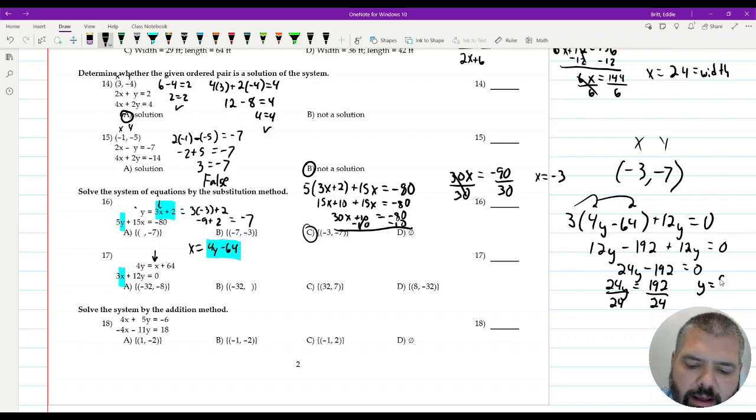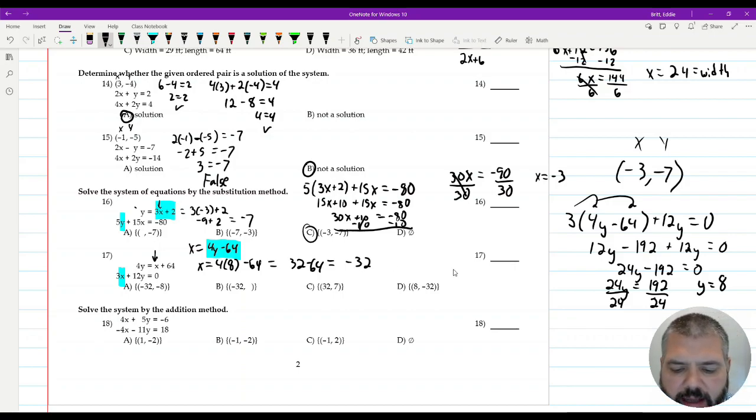Now that I know what y is equal to, I look over here at where I had x equals, and I plug in an 8 for my y. So x equals 4 times 8 minus 64, or 32 minus 64, which is equal to negative 32.